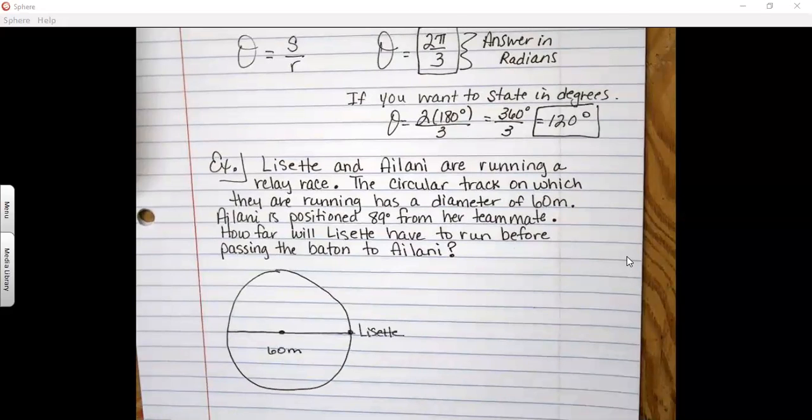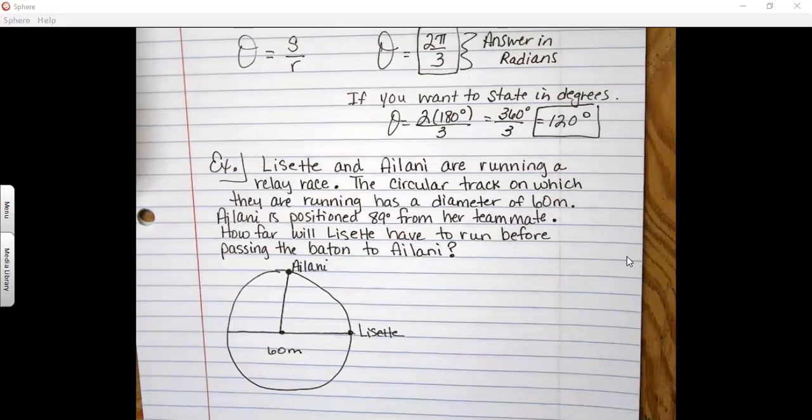And I know Aliani is 90 degrees from there, so that's just a little bit less than the 90 degrees, right? How far will Lizette have to run before passing the baton to Aliani? So Lizette is down here. She's running along the circular track. She's 89 degrees from Aliani.